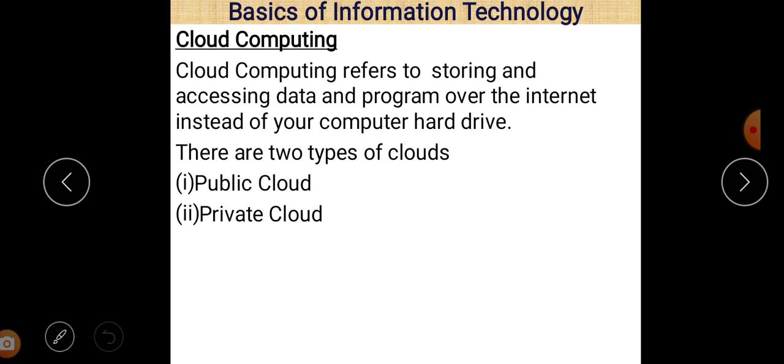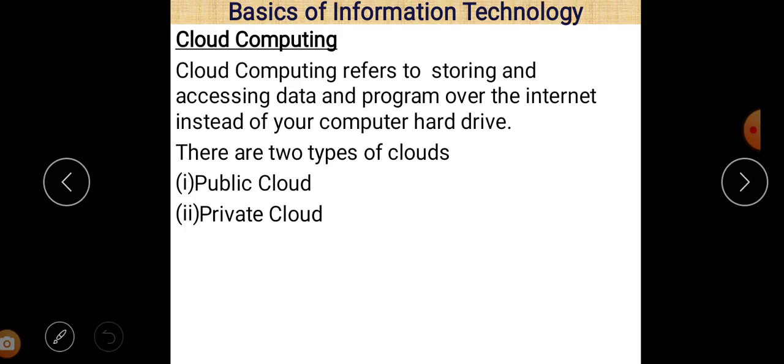And the second advantage is, we don't worry about the size of the hard disk here, because the internet provides you a big space as compared to your hard drive. So there are two different types of cloud here, that is called the public cloud and private cloud. These are the two important terms here, or we can say that cloud computing can be categorized into two basic categories: public cloud and private cloud.